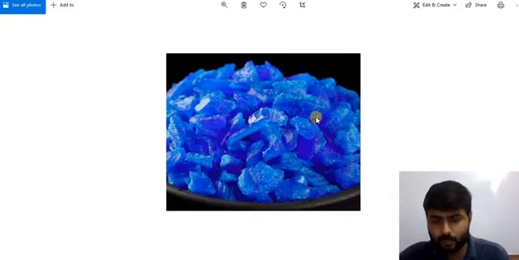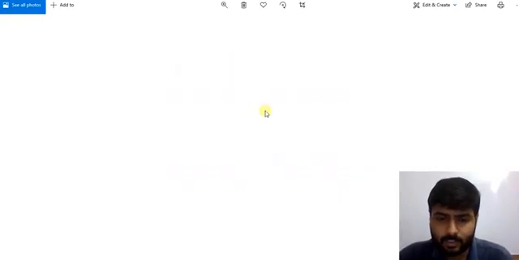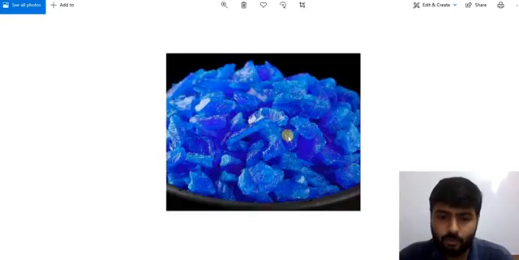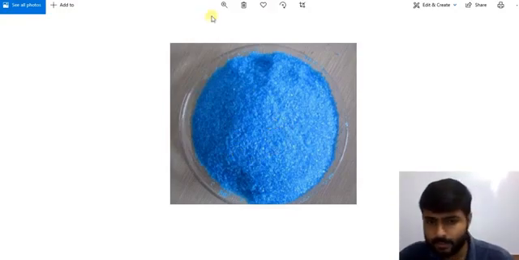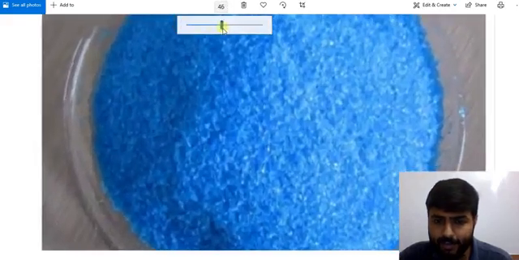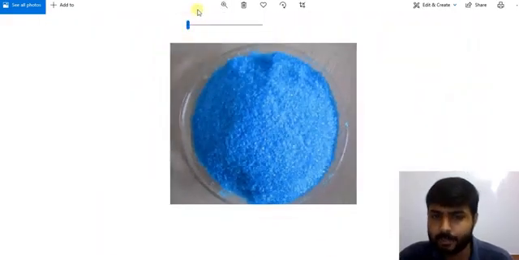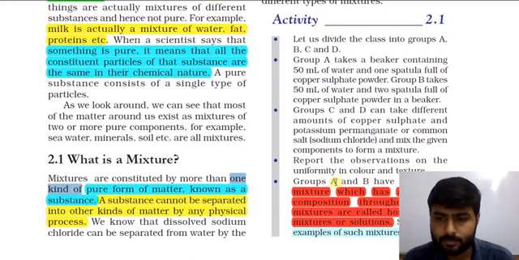Actually, the powder is also made from crystals by grinding them. So this is the crystal of copper sulfate, and this is the powder form. This is a granular kind of structure, but if we grind it very fine, we can get the powder. So that is the powder of copper sulfate.